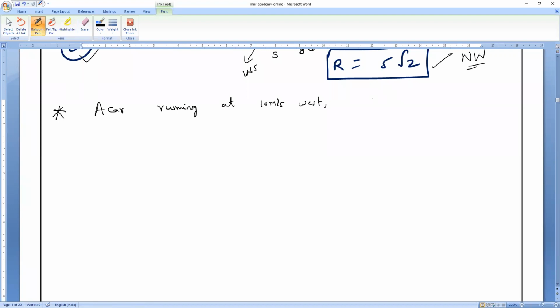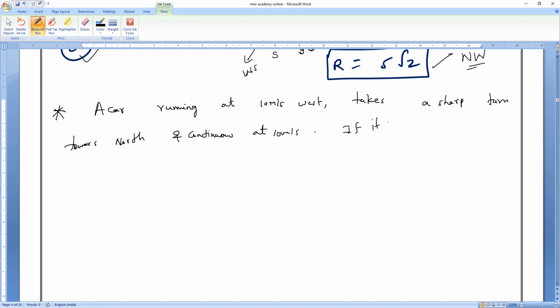A car moving at 10 meter per second west takes a sharp turn towards north and continues again at 10 meter per second.